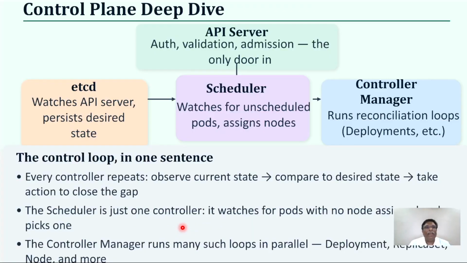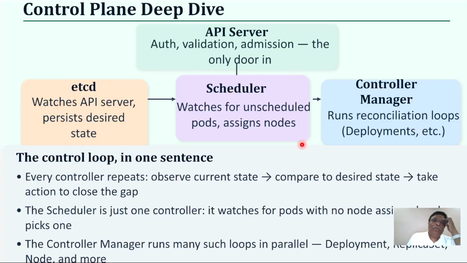So try understanding that the control plane is basically something like this. You have an API server, which does the authentication, validation, admission, and this is the only door into our Kubernetes cluster.